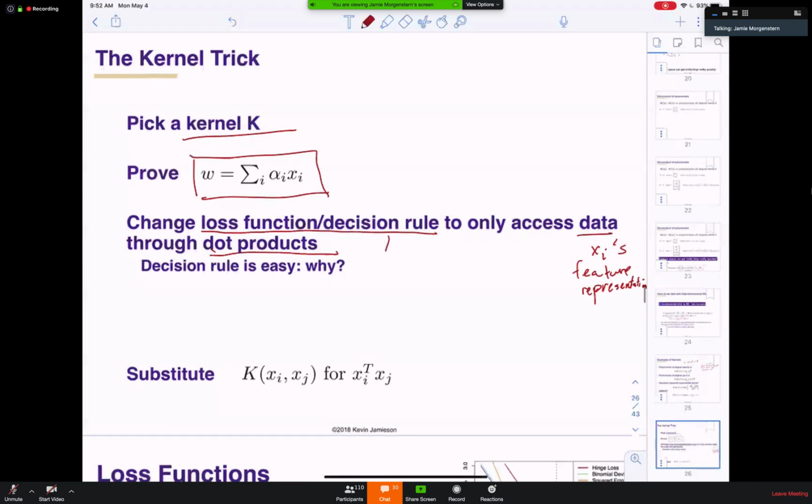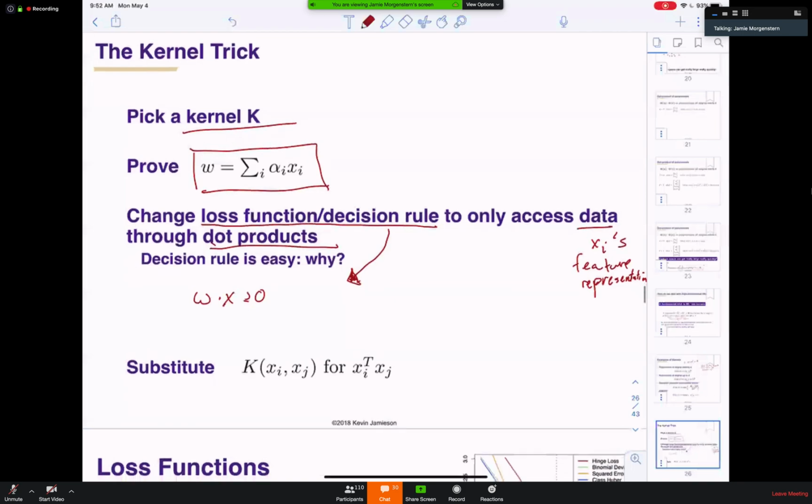The decision rule is generally pretty easy. Usually we're thinking about W dot X greater than or equal to 0. Well, this is already a dot product, but it's not a dot product between two of our initial data points.